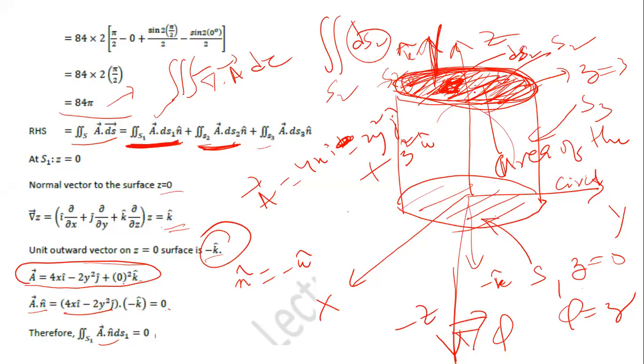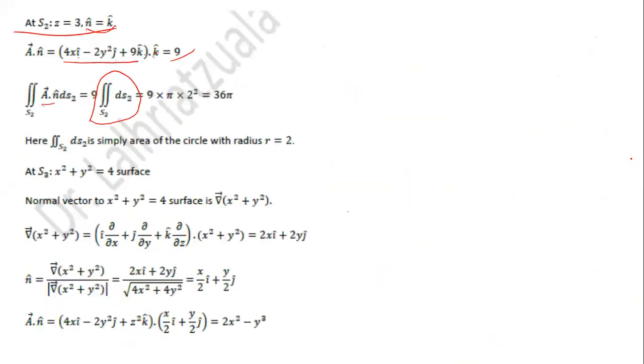What is the radius of this circle? The radius of the circle is 2. Area of the circle is pi r square, so pi times 2 square, which gives 4 pi. So this is what you get.